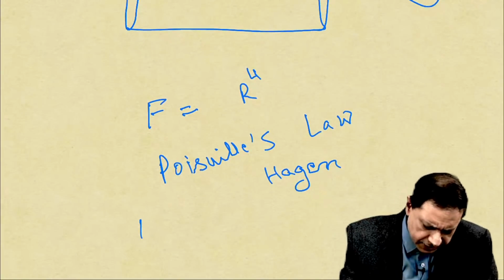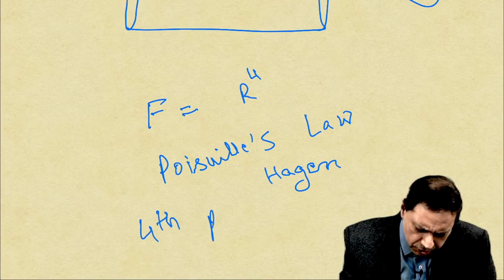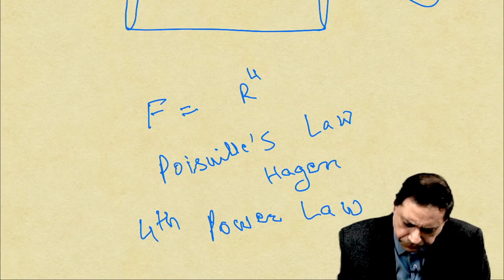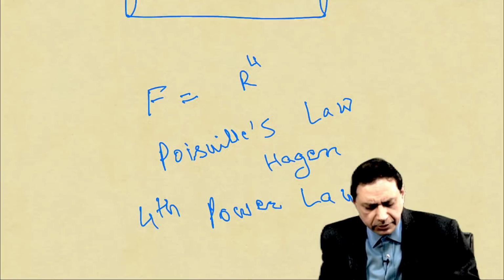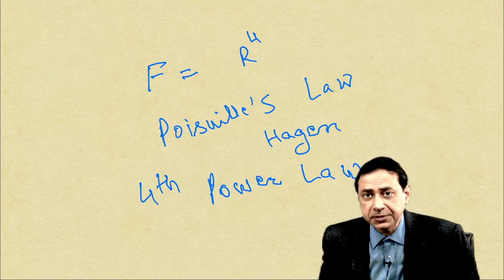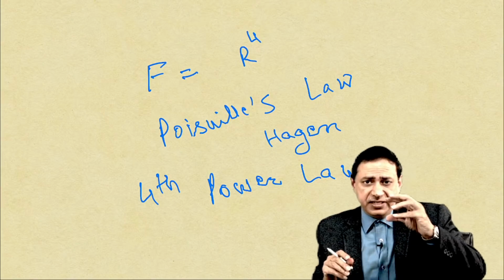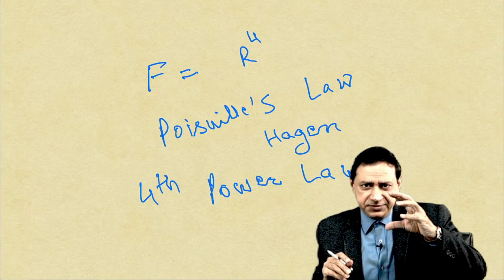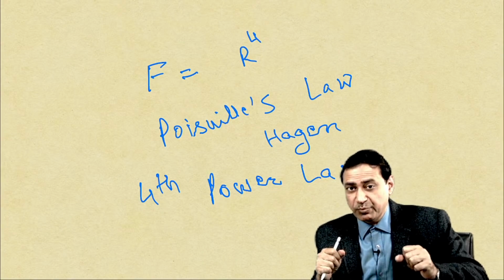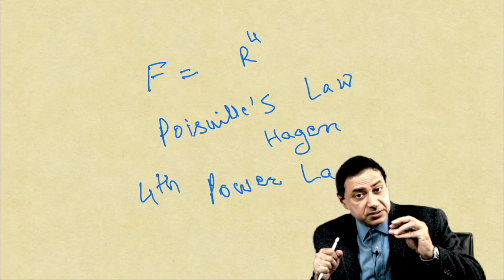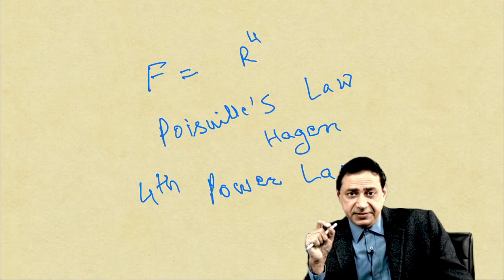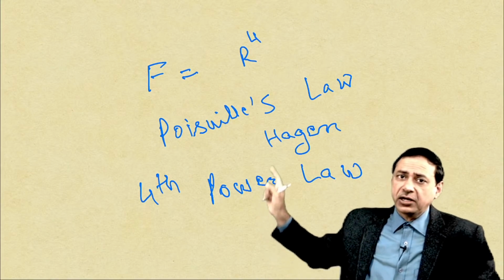Sometimes this is also known as the fourth power law. Is that okay? 16 times. It means that if there is slight vasodilatation, the flow will increase tremendously. And with slight vasoconstriction, the flow will decrease tremendously. This okay? So this is the fourth power law or Poiseuille's law.